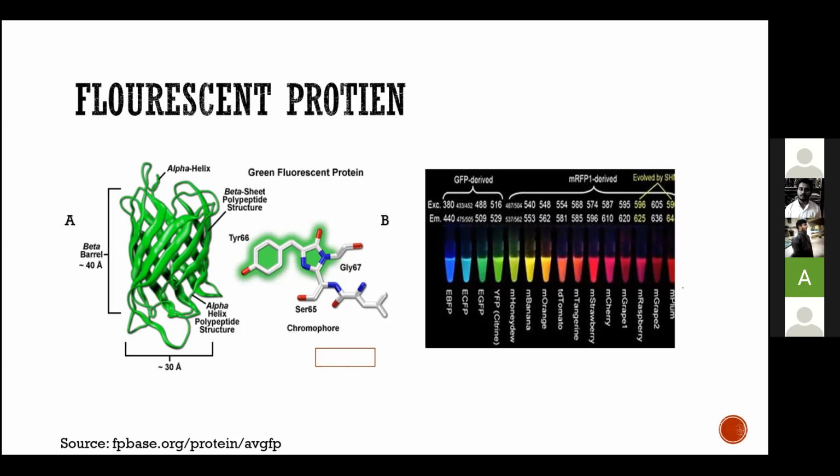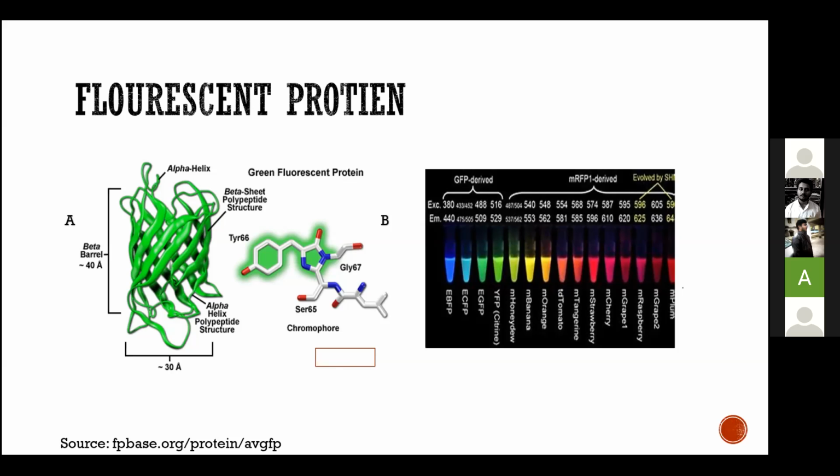And there is a molecule from, I guess, diatoms, I don't remember exactly, called DsRed. DsRed gave rise to the red-shifted part of the spectra.